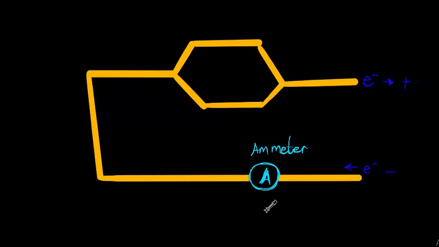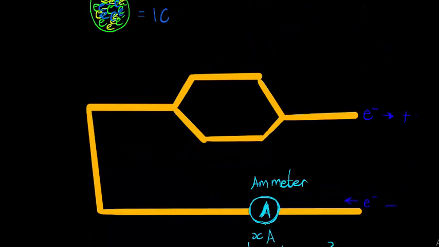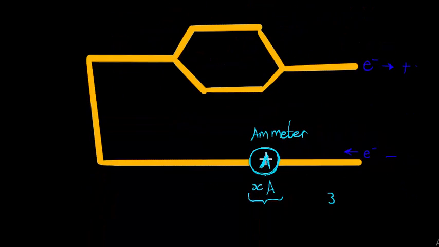Let's call it X ampere, and I'm sorry for bringing maths into this, but that is what this is. It's maths. So it's X ampere at this point, which means every second X coulombs are passing. If X is something like 3, that means there are 3 groups of 6.241 times 10 to the power of 18 electrons passing here every second, just as an example.